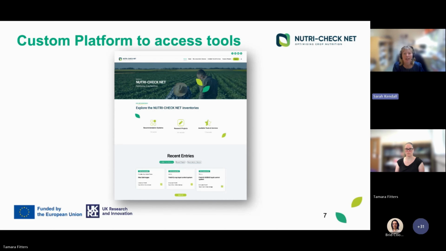So if you go online and Google the NUTRI-CHECK platform, you'll be able to find that. And it gives a bit of inspiration in terms of the number of tools that are available and the ways in which those tools support the different steps of the 3-step checking approach that I've just talked through.